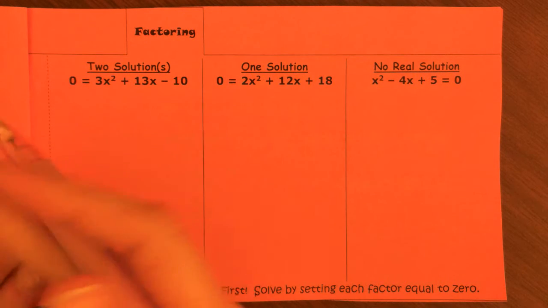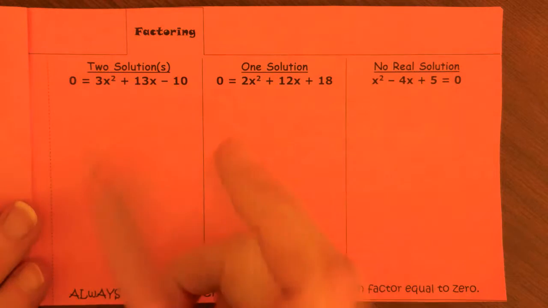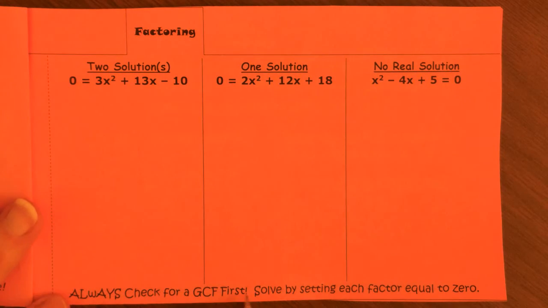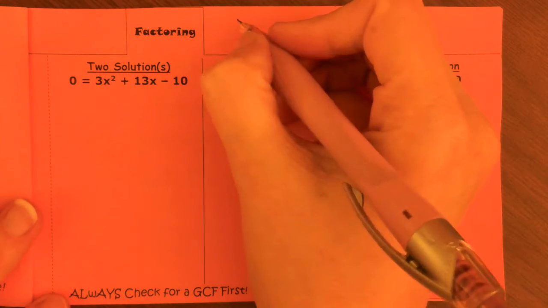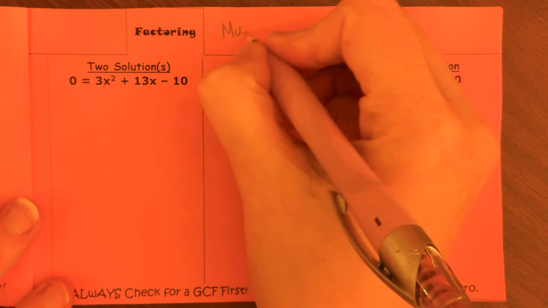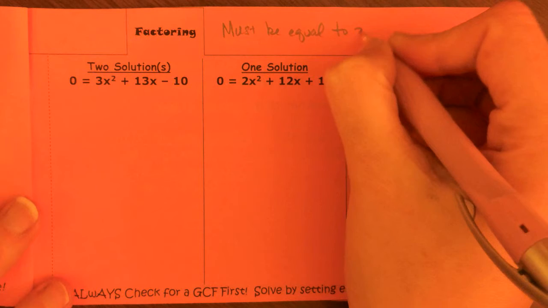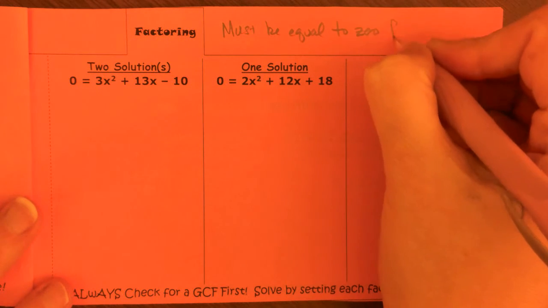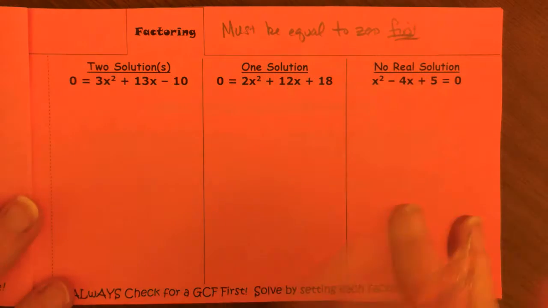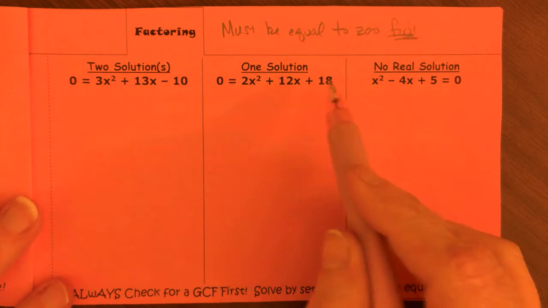So we're going to start these off just like we do anything else, by factoring. The first thing, you always have to, it must be equal to 0 first. So the first thing you do is you make sure that it's set equal to 0.